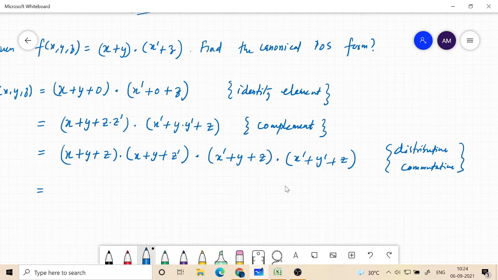Now what is this? This is your M0, and then this is your M1. You have here basically M4 and M6.